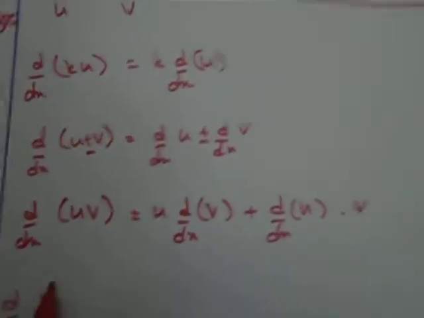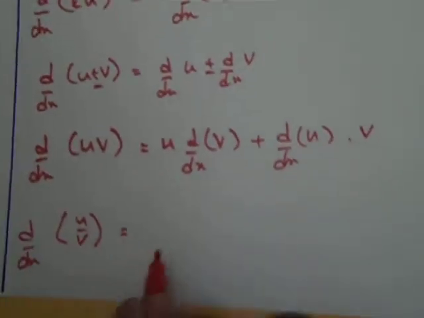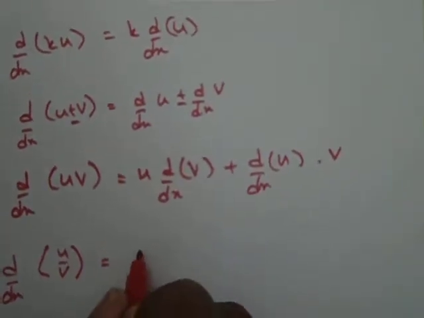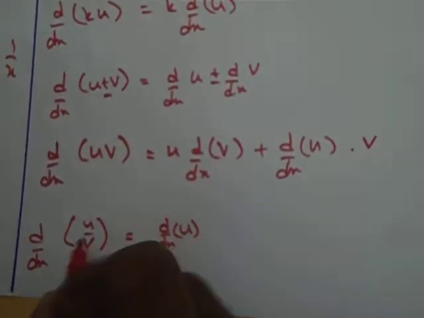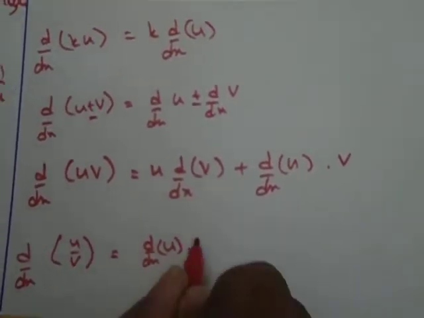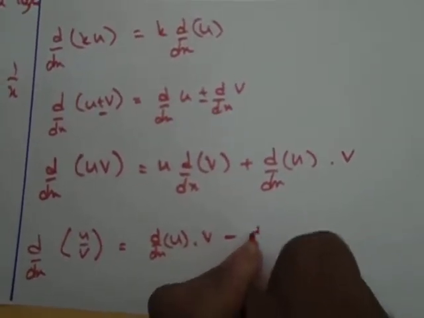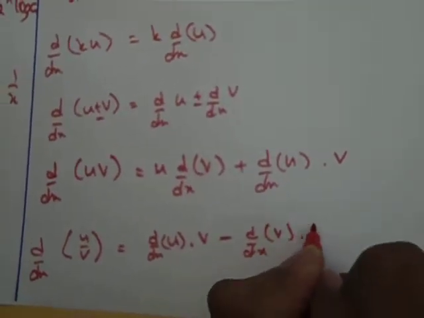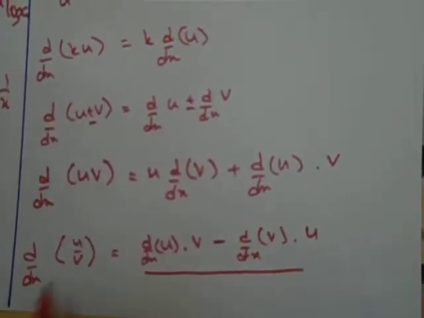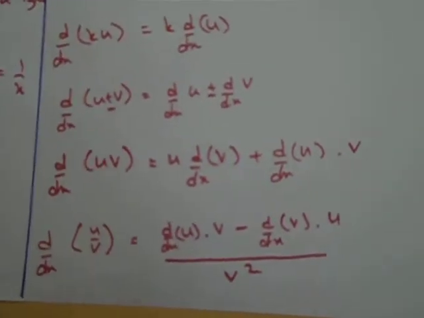And for quotient, u by v: differentiate the first function d by dx of u into the second function v, minus, differentiate the second function into u, by the square of the denominator, v square. So these are 4 basic operations on differentiation.